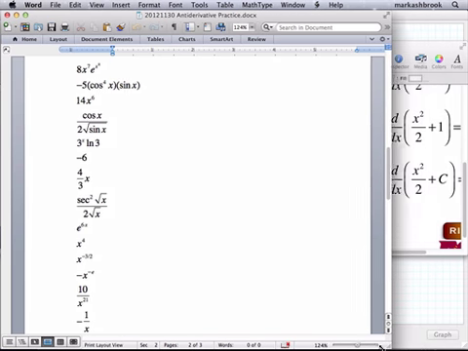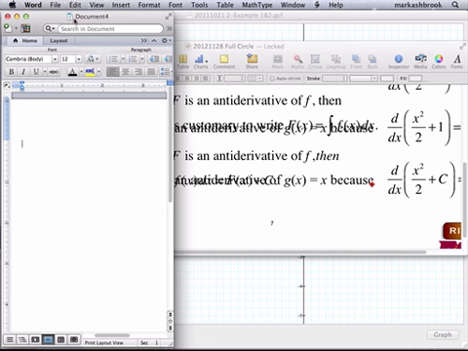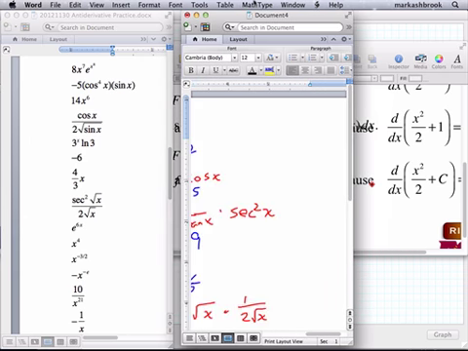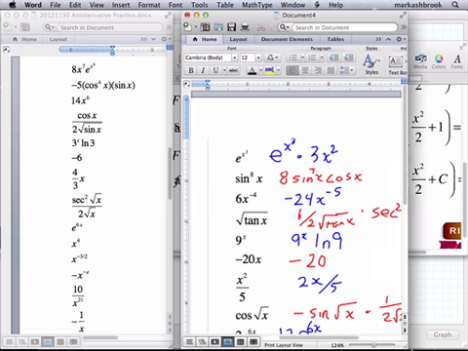I'm going to put our work that we just did over to the side, okay? So now you're going to try to find antiderivatives, and I'm going to... Too big. Hopefully you'll be able to see it.